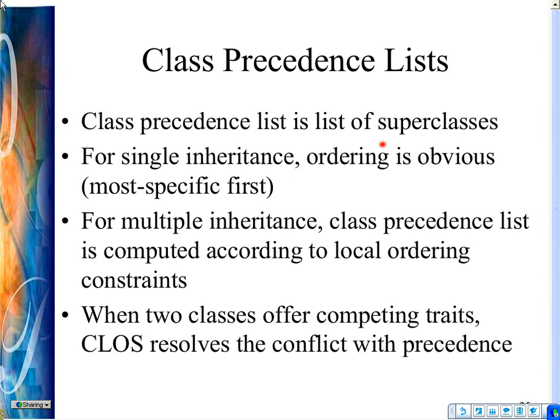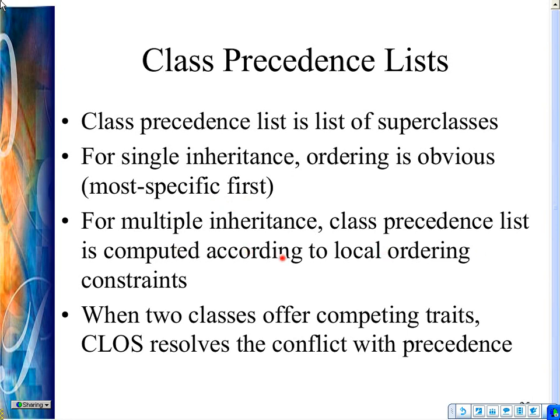For single inheritance, in other words, each class only has one direct superclass, you just go up the direct superclasses until you reach the one that has a method defined on it, and that's the method you run. So for single inheritance, the ordering is obvious. You just find the most specific method which is defined, going up the direct superclasses.